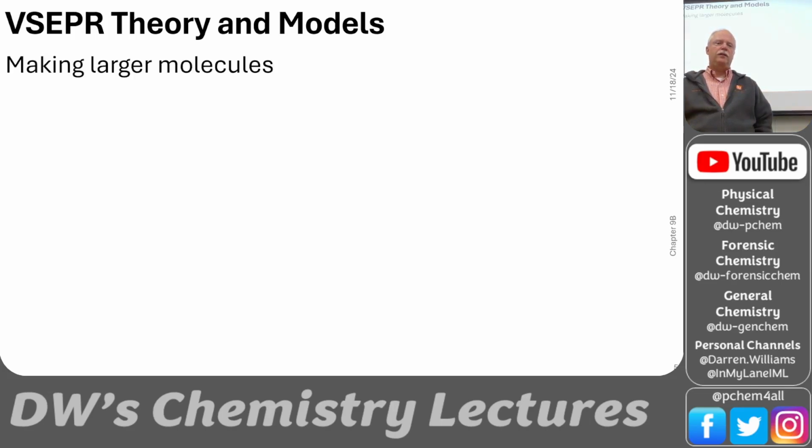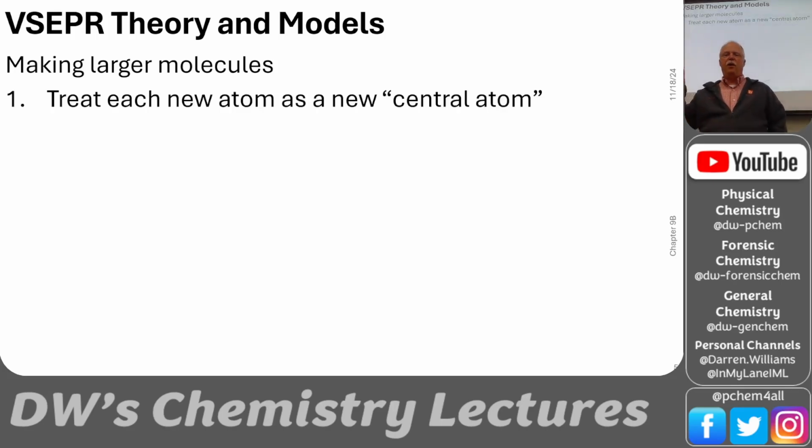Okay. So for this valence shell electron pair repulsion theory and models, it helps us make larger molecules. So we're going to make some larger molecules today. We just walk through the molecule and treat each new atom as a new central atom. So we've already made a lot of Lewis dot structures, like BrCl3 and all of these different things.